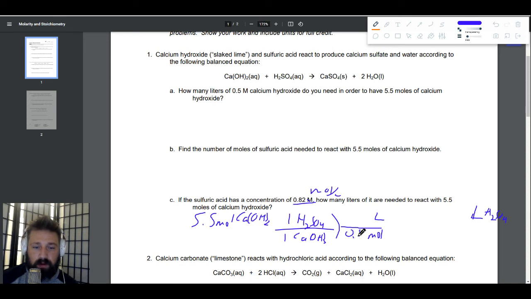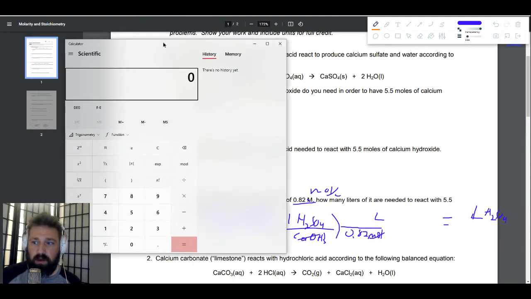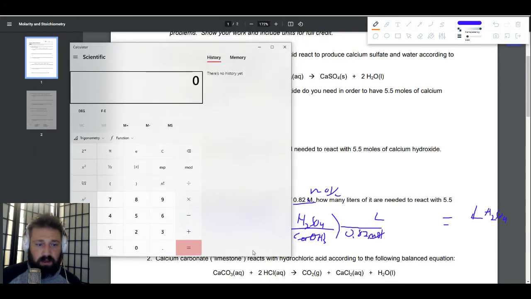That number goes here. Moles have canceled, and we're left with liters of sulfuric acid, which is the answer we're looking for. Let me pull out my calculator and calculate this.